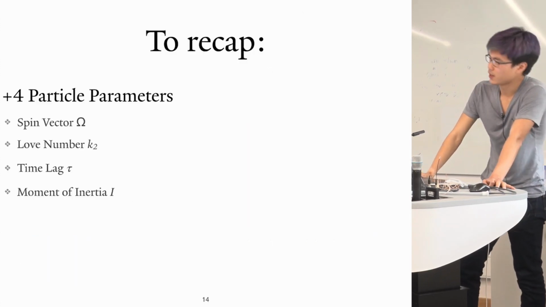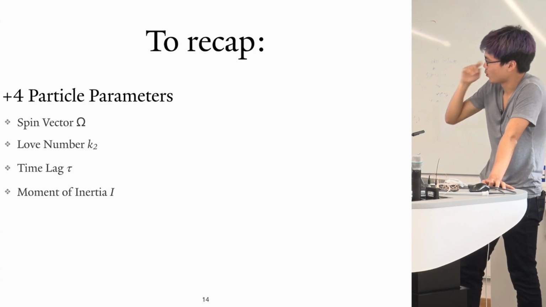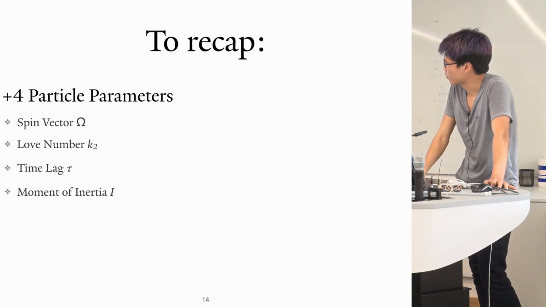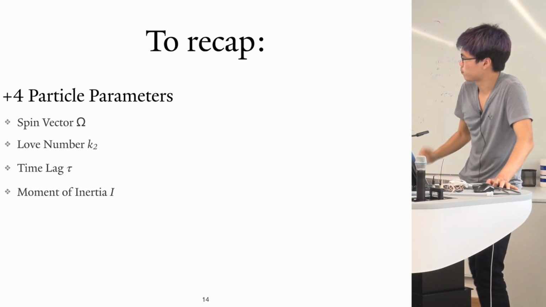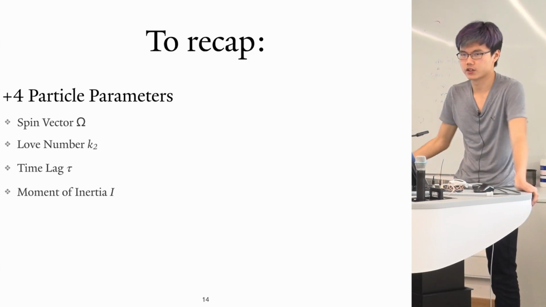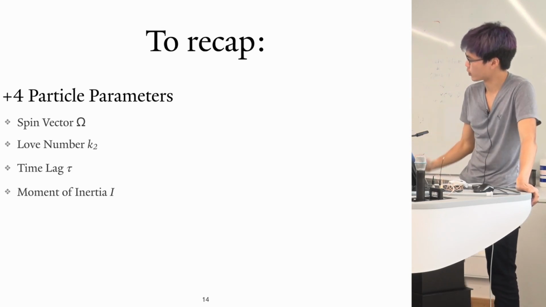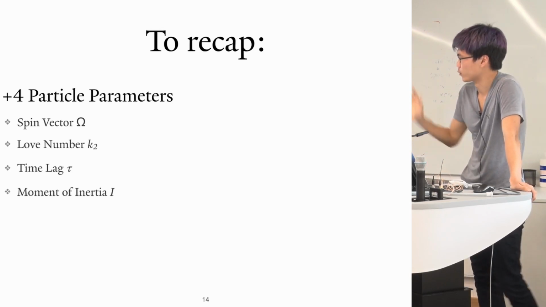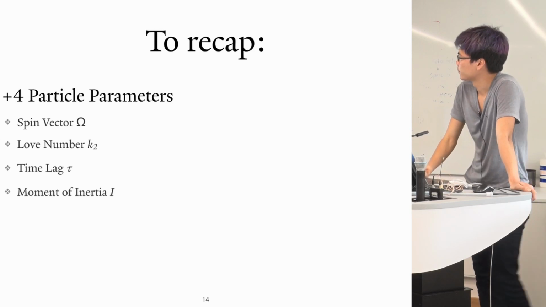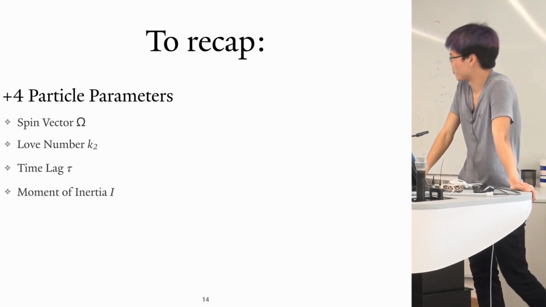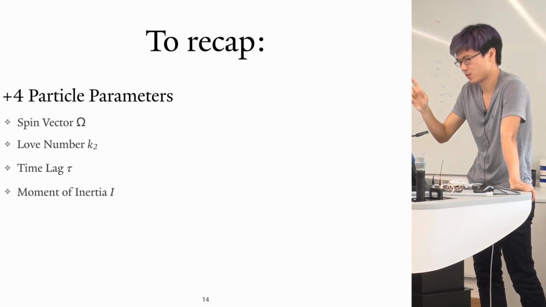So to recap, we need to account for four additional parameters describing each particle to go from point particles to our prescription. These are the spin vector, the Love number, the time lag tau, and the moment of inertia I. The spin vector is really three parameters: omega x, omega y, omega z.